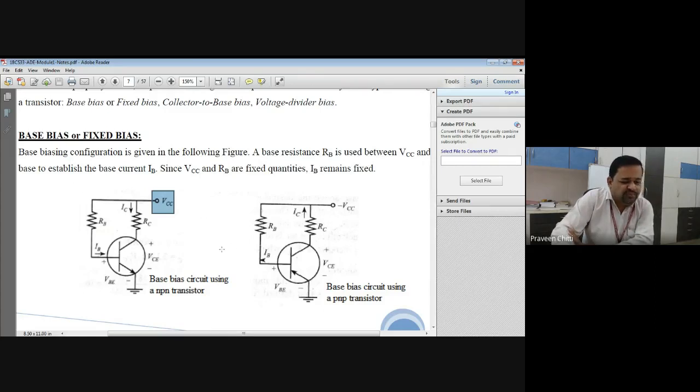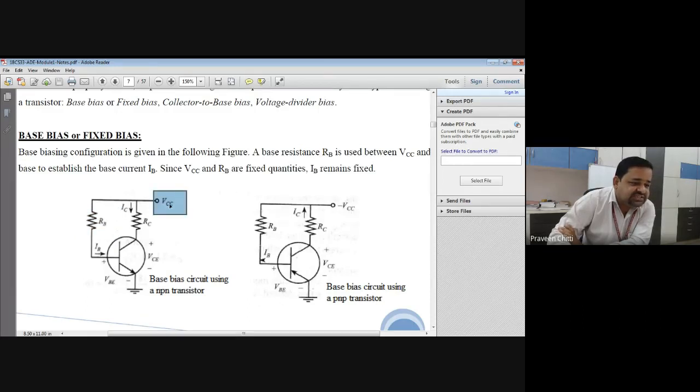Right. So basically, biasing means what? Maintaining the required zero signal base current and collector current, and maintaining the proper collector emitter voltage, is called biasing. So in a fixed bias circuit, we use this resistor RB along with VCC to provide biasing.